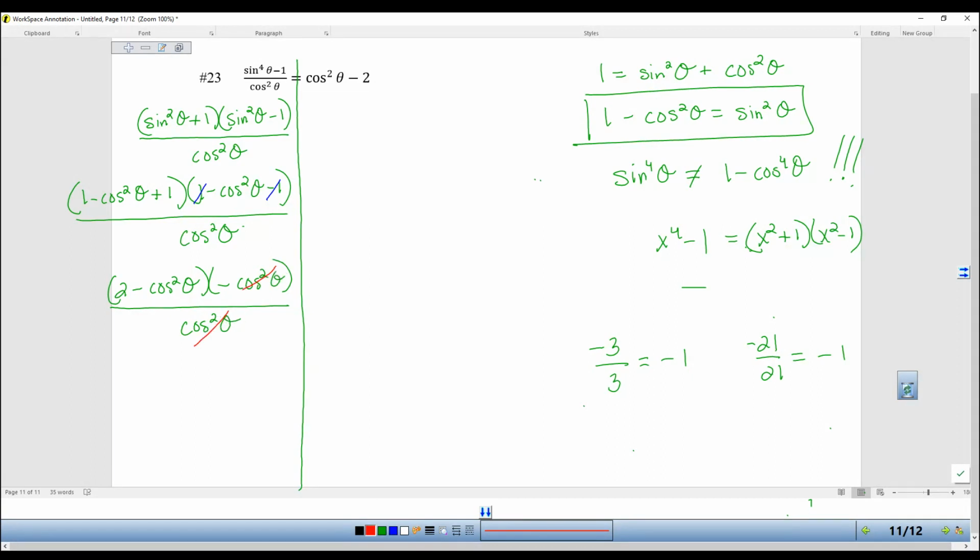So these two cancel and leave you with negative 1. And that's being multiplied by 2 minus cosine squared theta. I distribute the negative 1 to both of them, and I get negative 2 plus cosine squared theta, which of course, by the commutative property for addition, I can just switch those around.